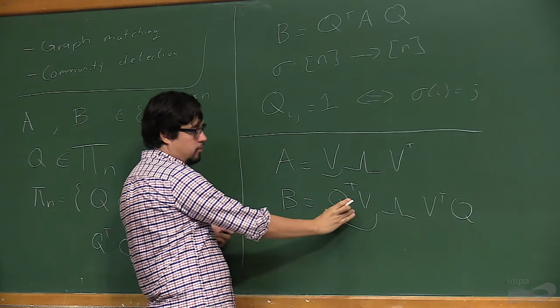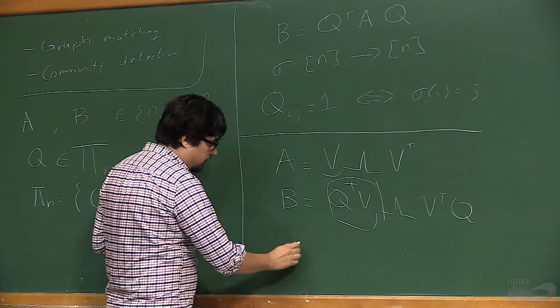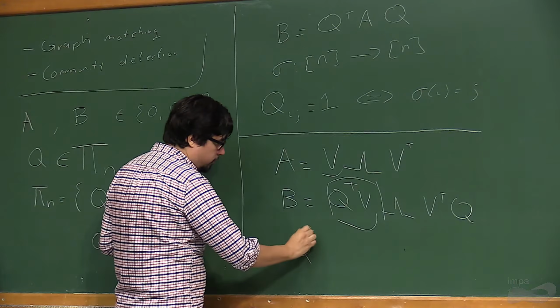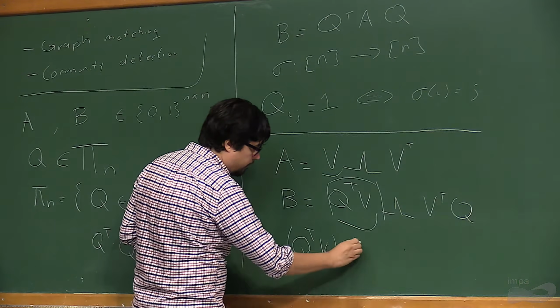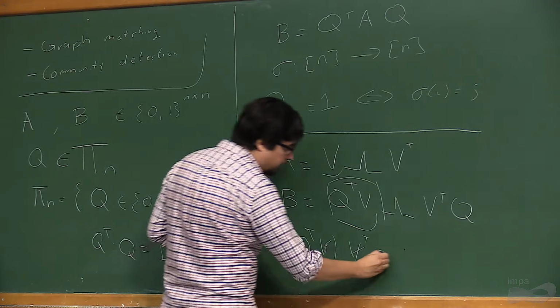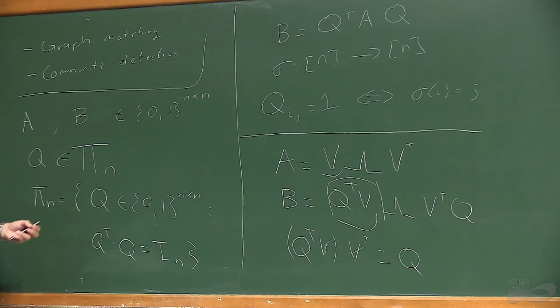We don't necessarily know Q in advance, but we can obtain this matrix of eigenvectors. And then we can multiply Q transpose U times U transpose. So this is going to cancel out, and then we're going to get the permutation, right? So that's an efficient method that we can use.